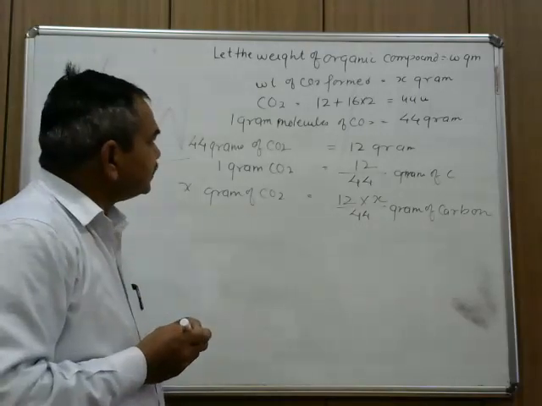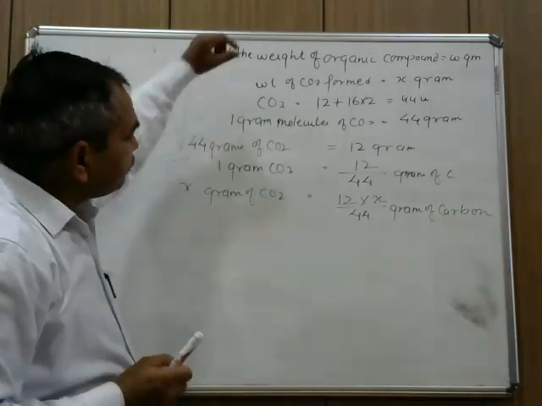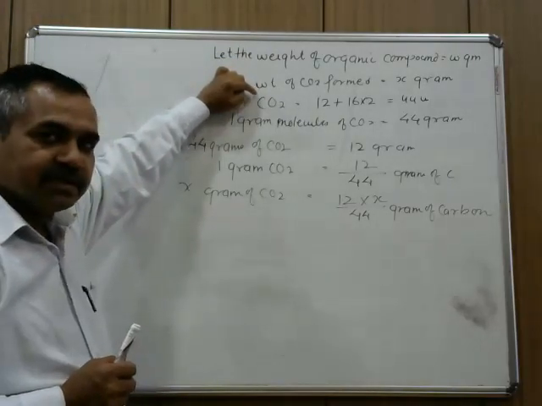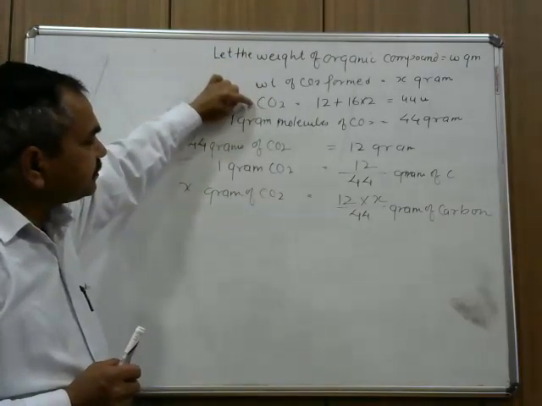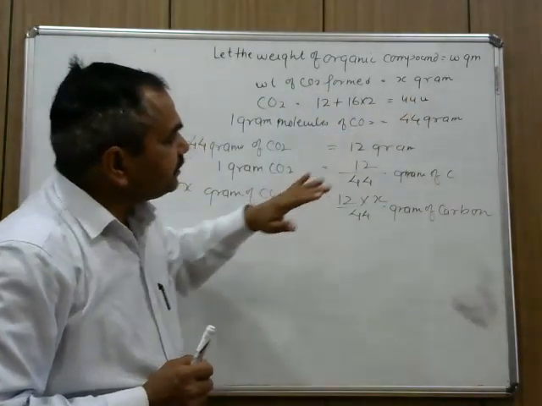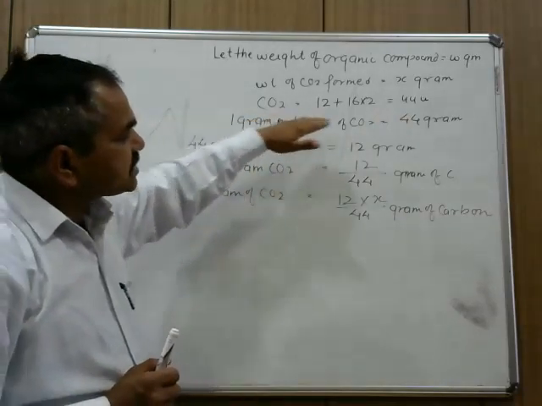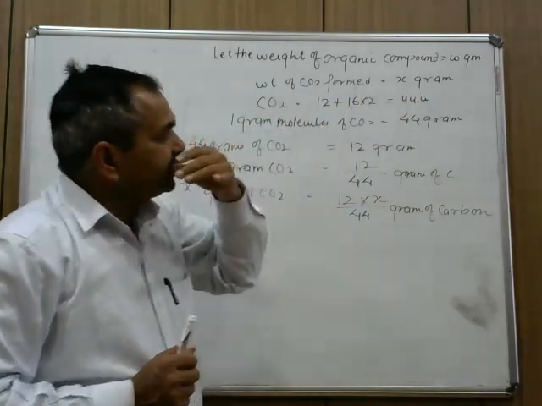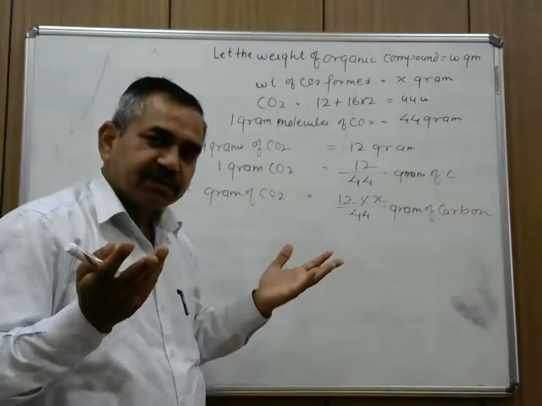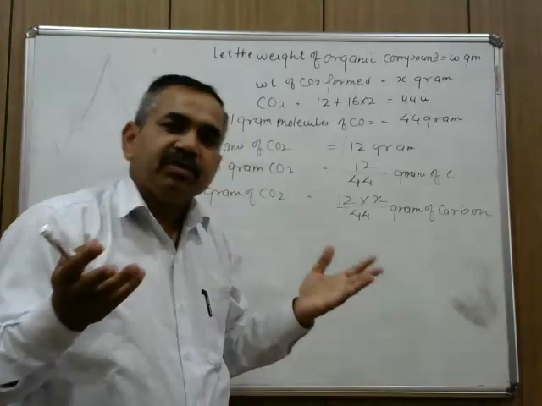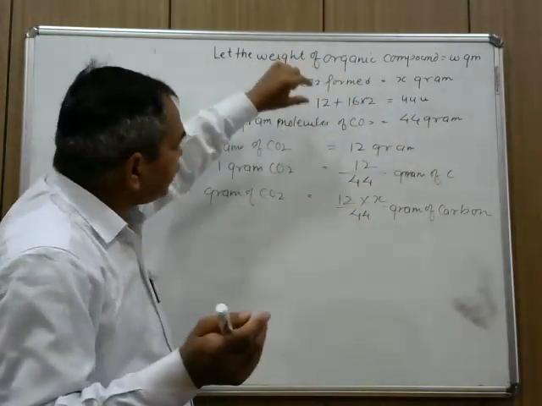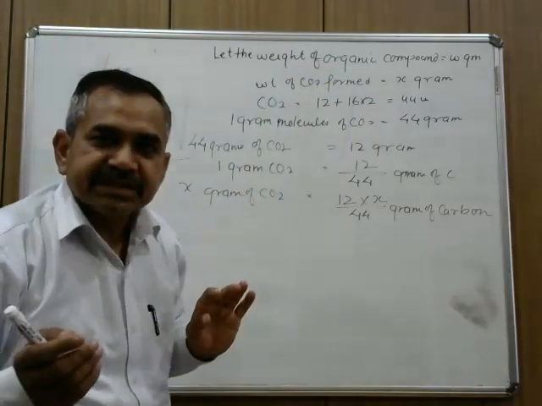Is it clear? Here, when we calculated the molar mass of carbon dioxide, the atomic mass of carbon is 12, 12 plus 32 gives you 44. So the molar mass of carbon dioxide is 44 grams, 44 u. And the mass of 1 mole of carbon dioxide is 44 gram, out of which 12 grams of carbon is present.